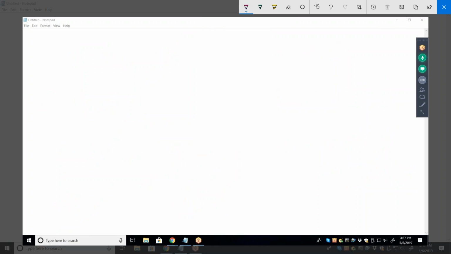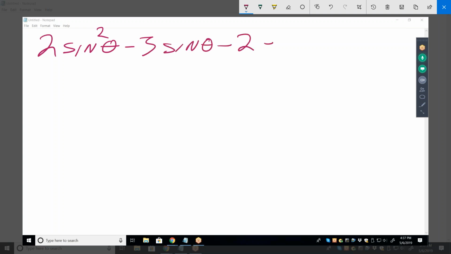Okay, and this one is 2 sine squared theta minus 3 sine theta minus 2 equals 0. Okay, what am I going to do here? Factor. Okay.